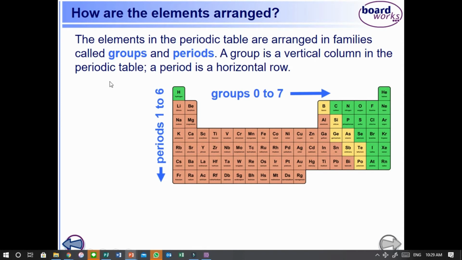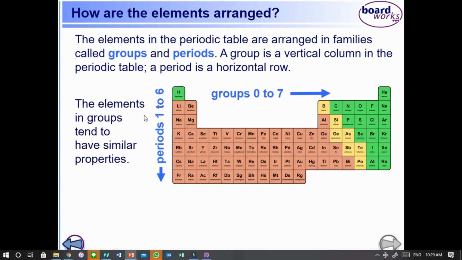So they're arranged in families called groups and periods. A group is up and down, a period is left and right. The group is vertical, the period is horizontal. Elements in similar groups have similar properties.